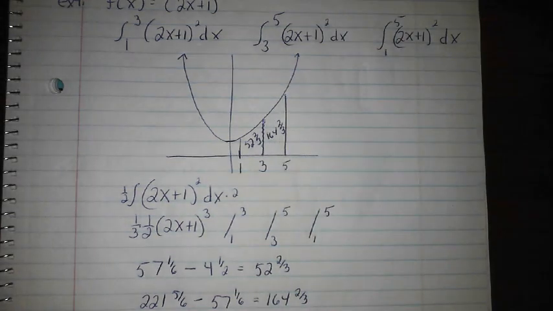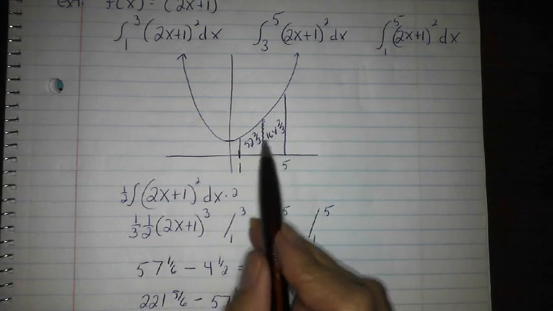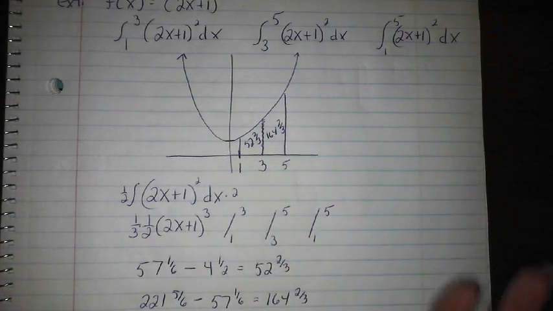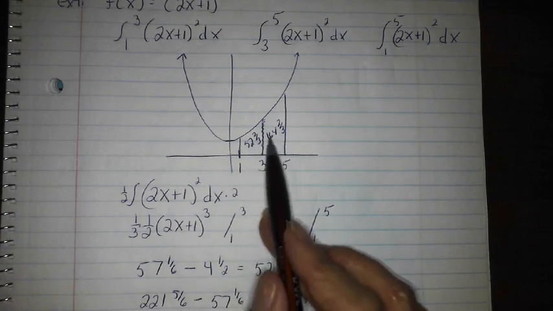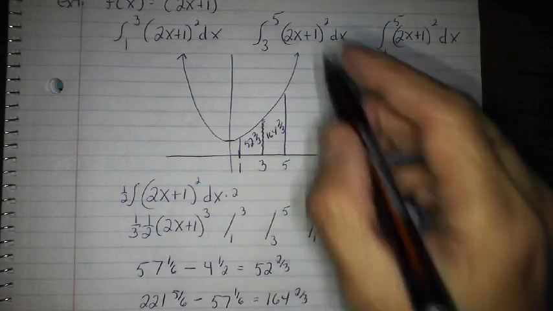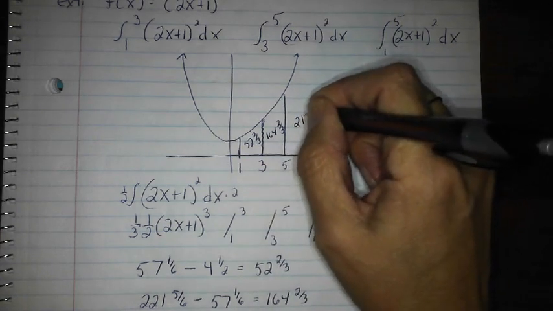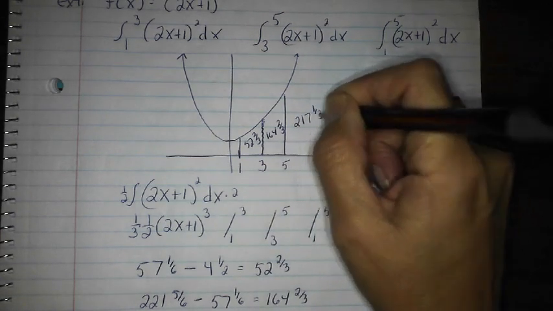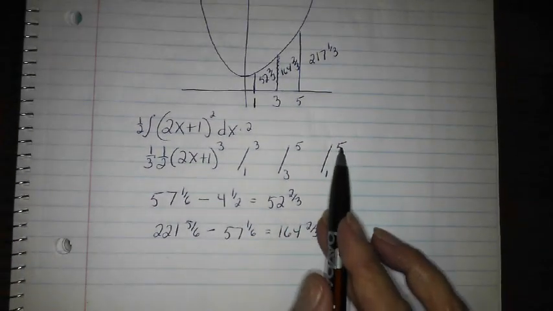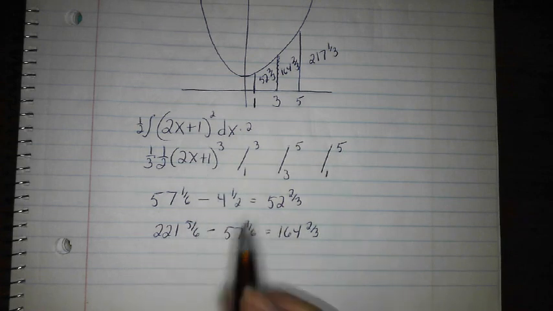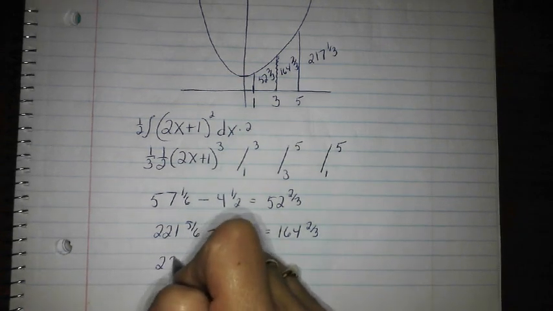So in reality, when we plug in the 5 and the 1 and subtract those two, we better get what these two add up to. It's the same thing. If I add these two together, you will get 217 1/3. If I look at my values, does the calculus work? If I plug 5 in, that's that 221.